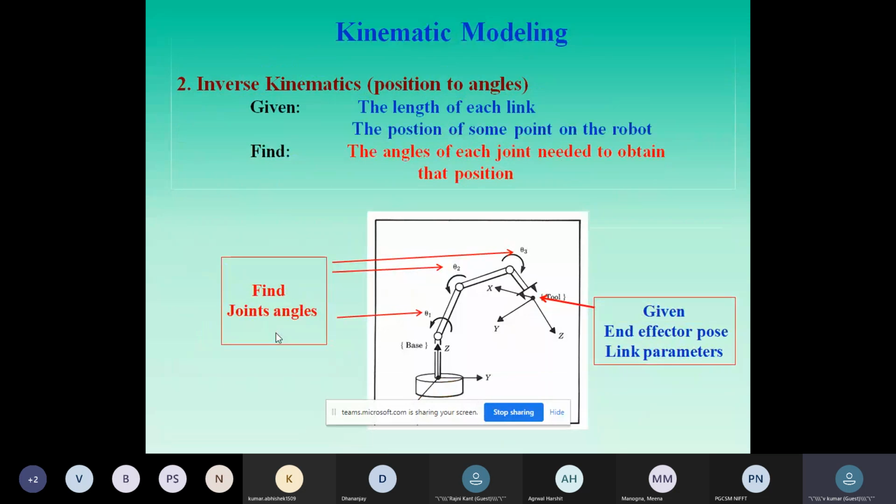Similarly, inverse kinematics is just the opposite. This time the end effector position is given, and you have to find theta 1, theta 2, theta 3 in joint space. This is called inverse kinematics. Okay? All okay? Yes, sir.